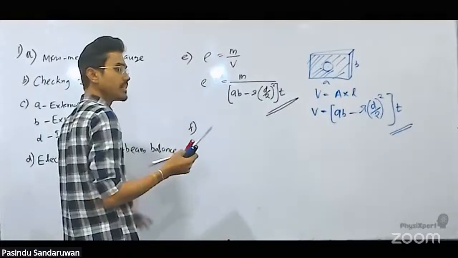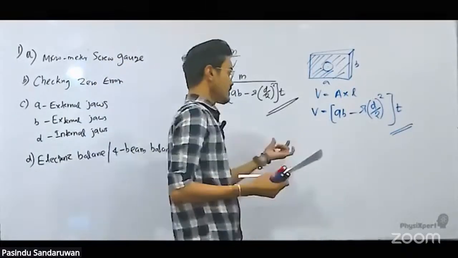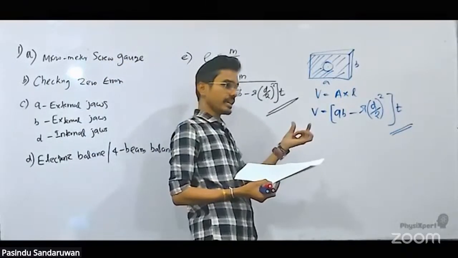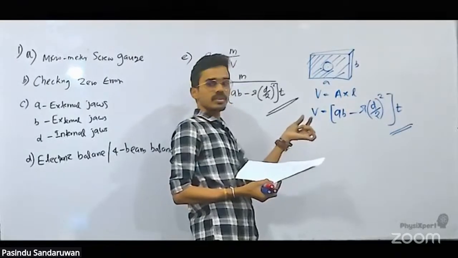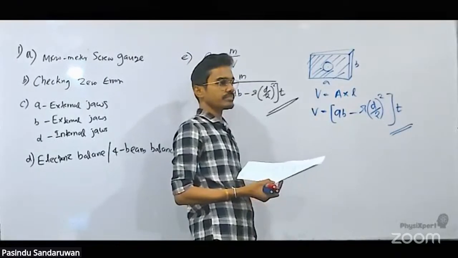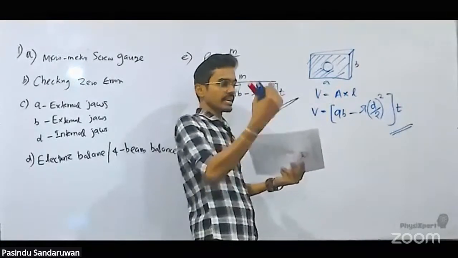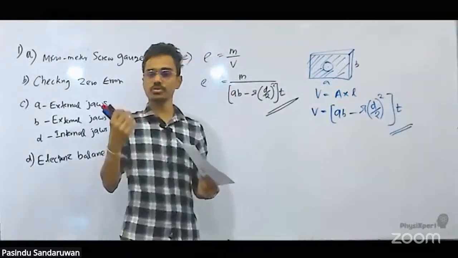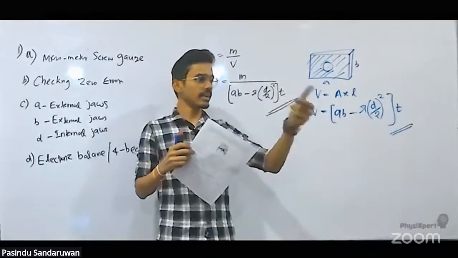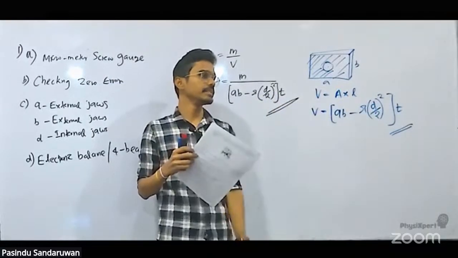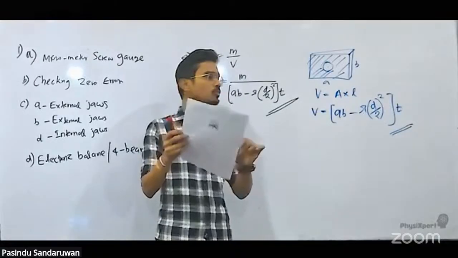The readings given. A reading can always be taken to the number of decimals we have in the least count. If you have a least count of 0.1 millimeters, all the readings taken from that instrument should have only 1 decimal. Likewise, here we have 2 decimals.